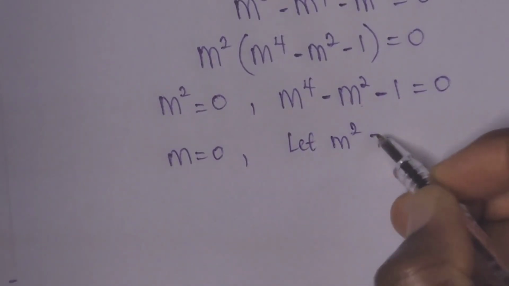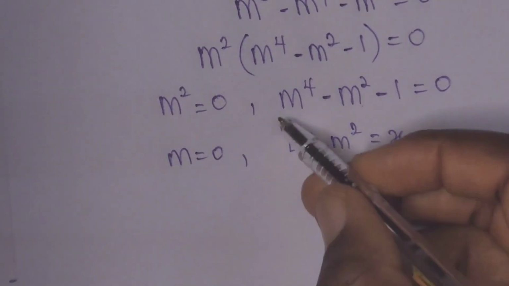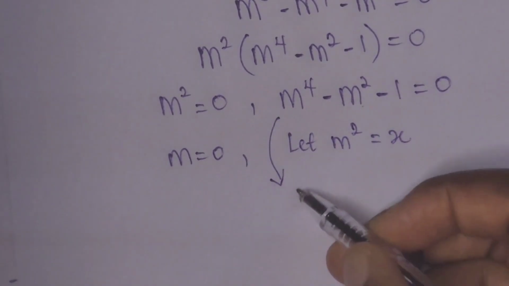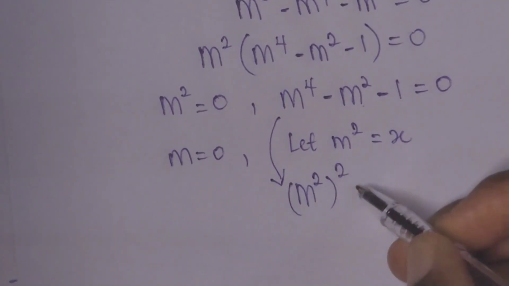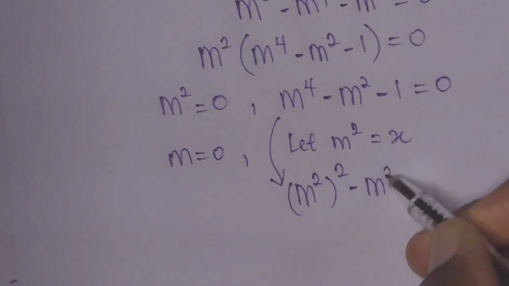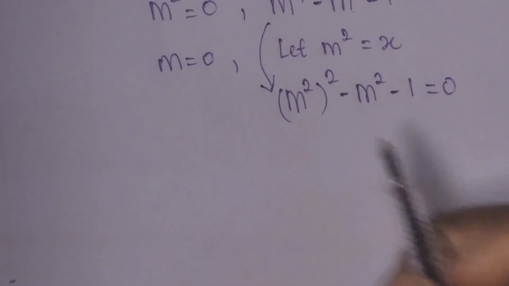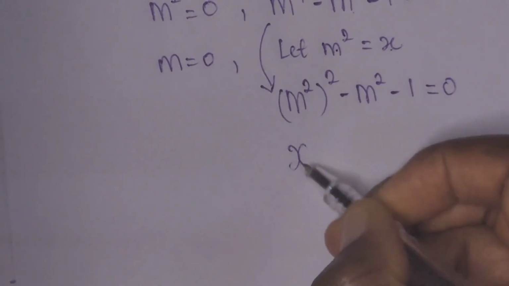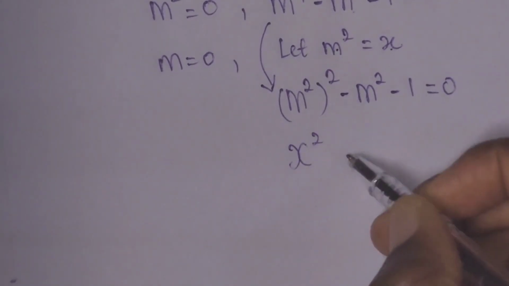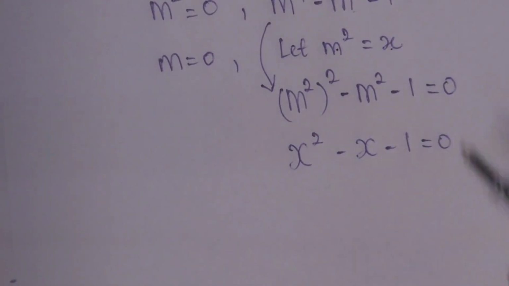let m squared be equal to x, so this can be written as m to the power of 2 further raised to the power of 2 minus m squared minus 1 all equal to 0. So if m squared is equal to x, we have that x all squared minus x minus 1 all equal to 0.